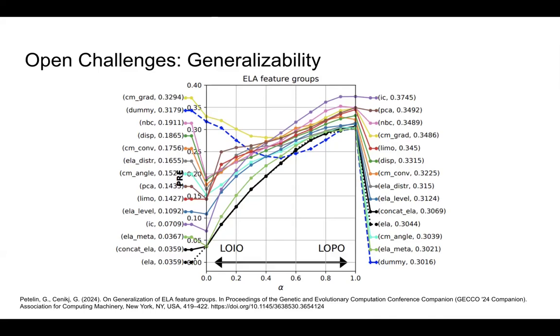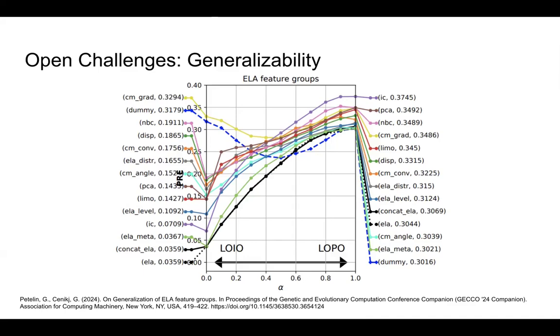And what I want to show here is, for example, an evaluation of different ELA feature groups in this easy scenario where your training and testing distributions are essentially pretty similar. This is on this axis, and then as this alpha factor grows, you're going out of distribution.